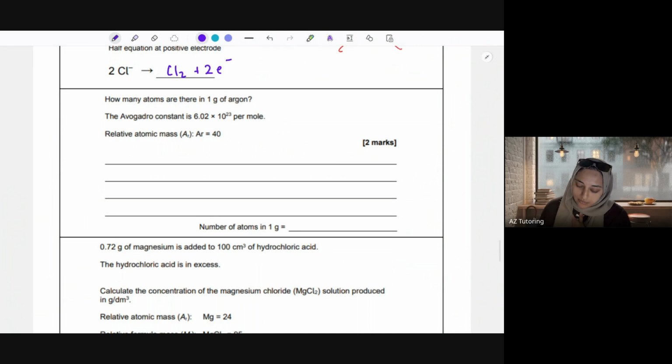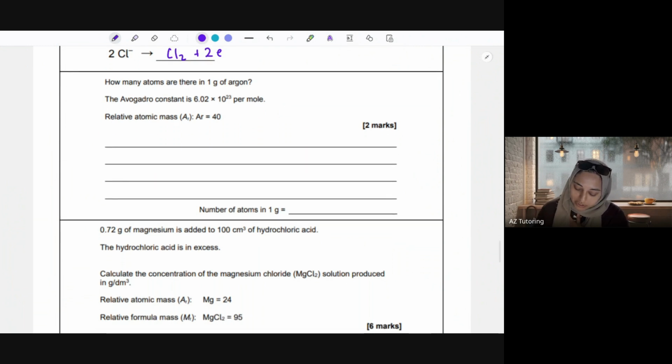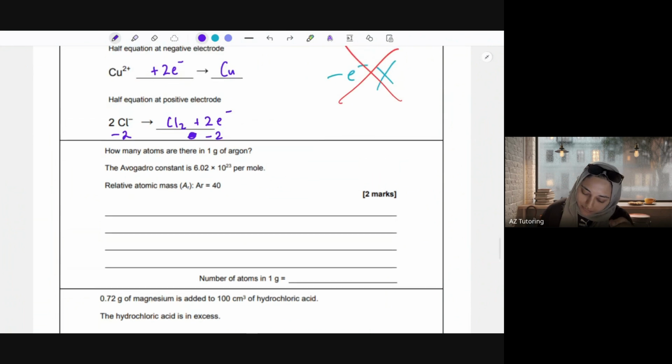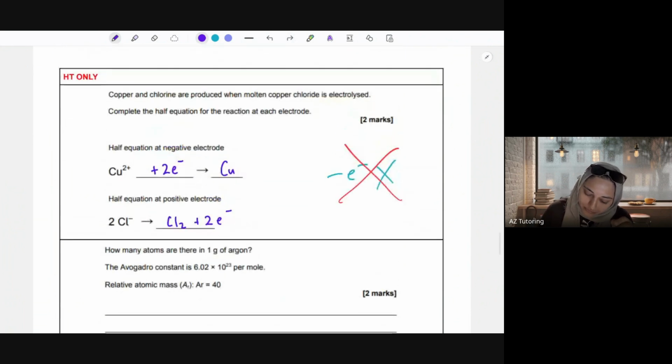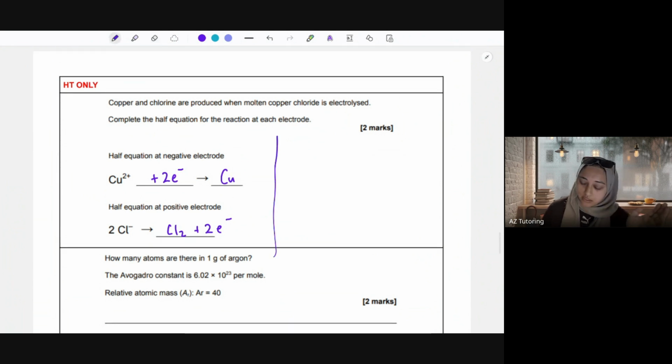Okay, let's do some calculation questions. Now, moles, there's 3 ways you need to think about moles for higher students. I'll just write it here. So 3 ways to think of moles. Moles could equal mass divided by Mr, which you need to remember.